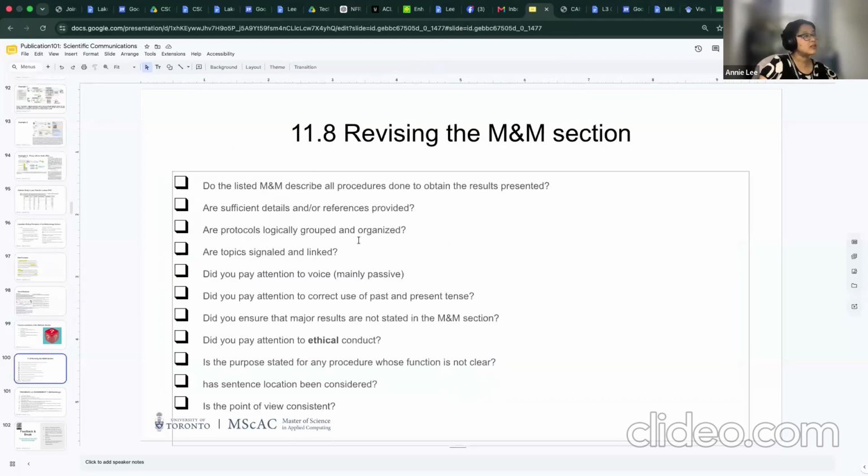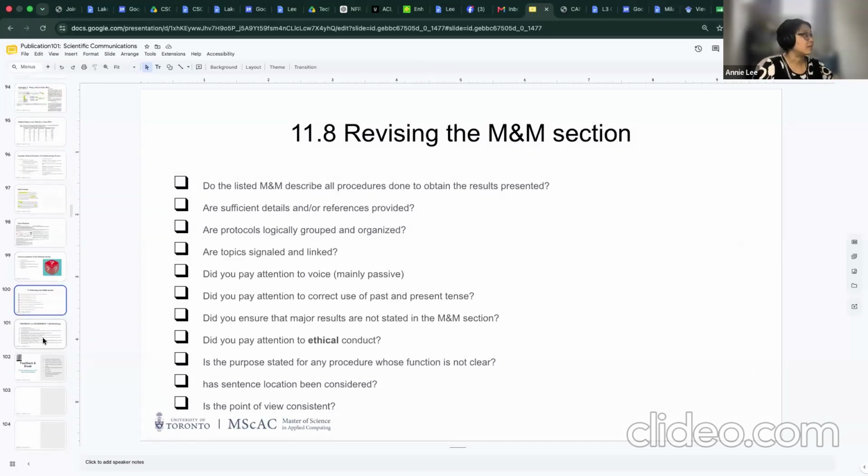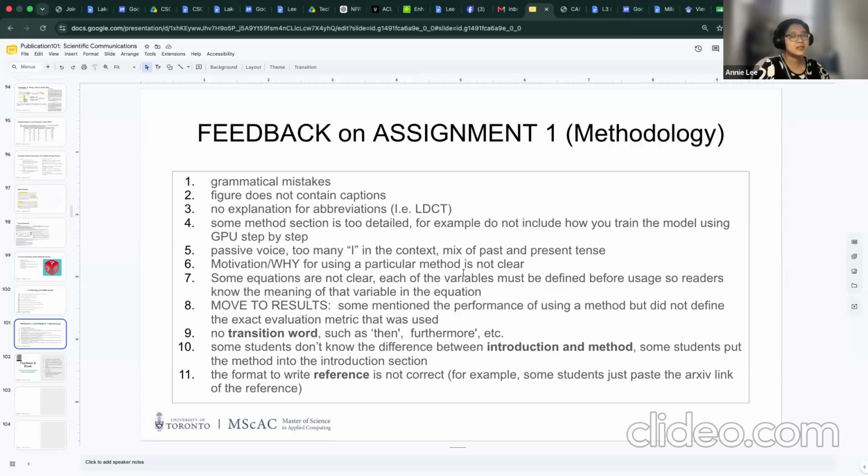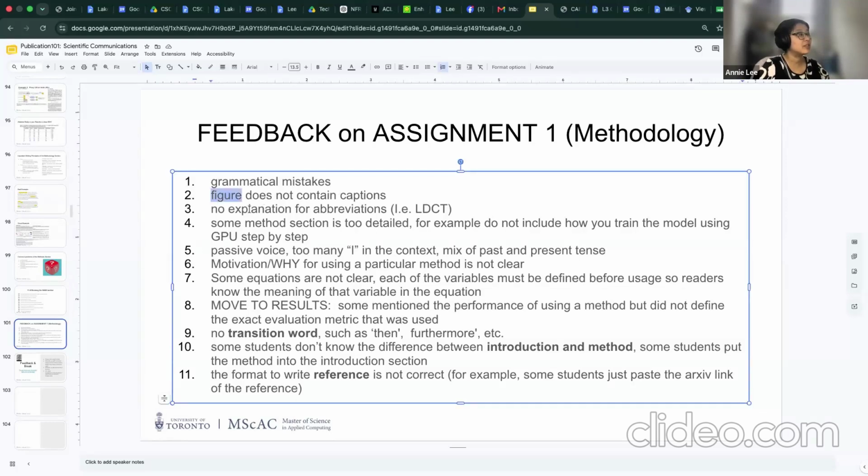So there's a checklist for every single section that you can go through and check on your own as a team. Generally, these are things that my PhD TAs found when they were grading master students' final reports: grammatical errors, figures without captions, abbreviations not explained. If it's too detailed, I will just tell you later to move it to the appendix, so don't worry about that.